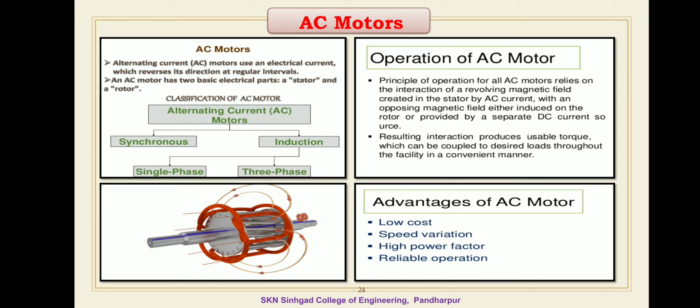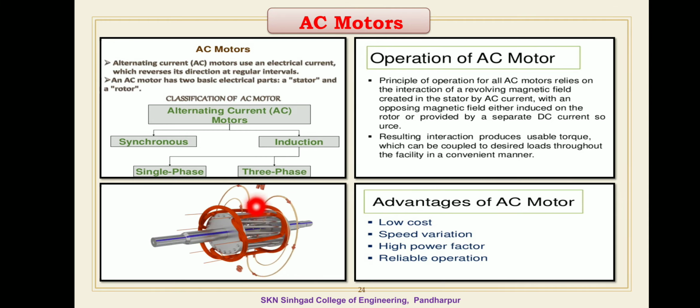This rotating magnetic field causes a magnetic field to be set up in the rotor also. The attraction and repulsion between the two magnetic fields causes the rotor to turn. This is the simple working principle of an AC motor.